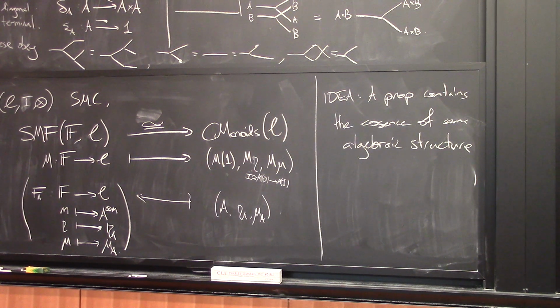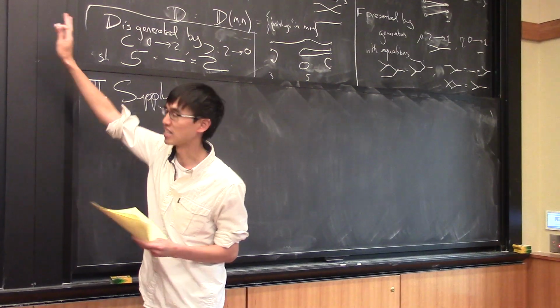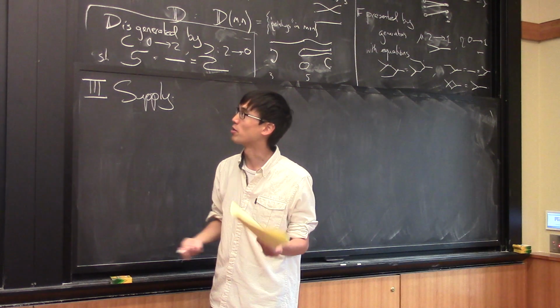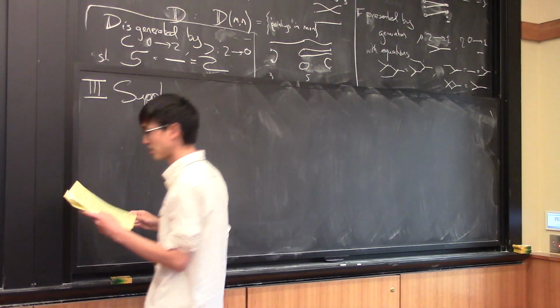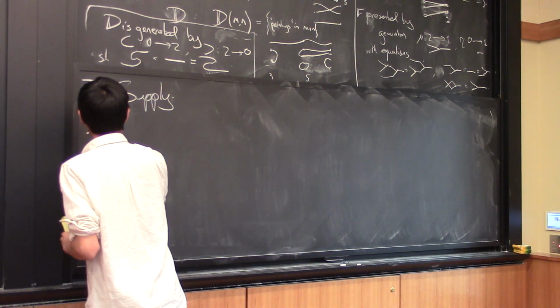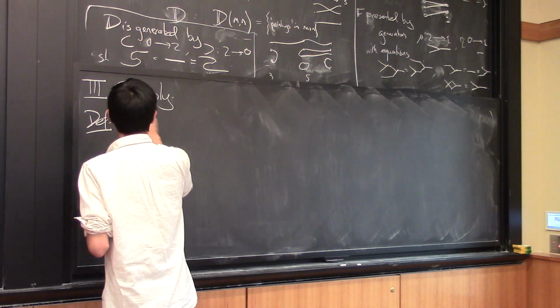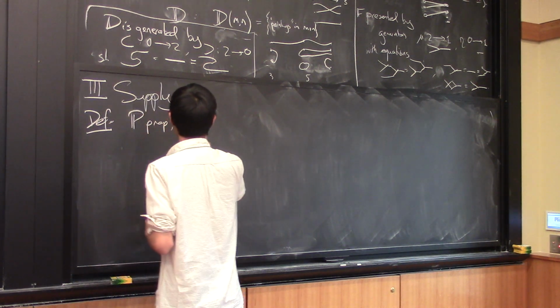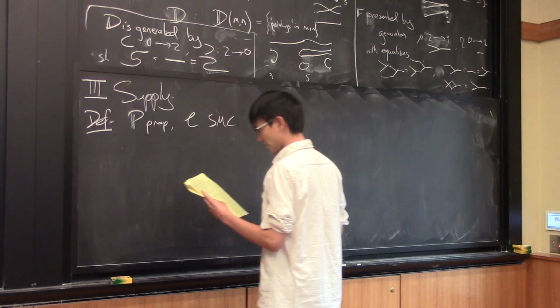Now I can actually get to this main definition of supply, which captures this idea that every object in our category is equipped in an appropriate way with some algebraic structure. The definition: P is a prop, C is a symmetric monoidal category.